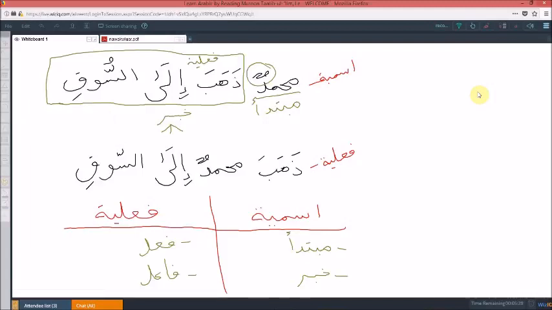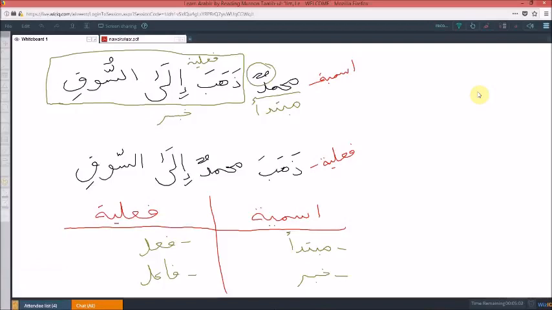However, for instance, if I say, Men dhahaba ila suq, who went to the suq? You would say Muhammad dhahaba ila suq. Muhammad went to the suq. Now you're emphasizing Muhammad, so you brought Muhammad before the verb, and you brought a jumla ismiya. But normally, I would say ذهب Muhammad.